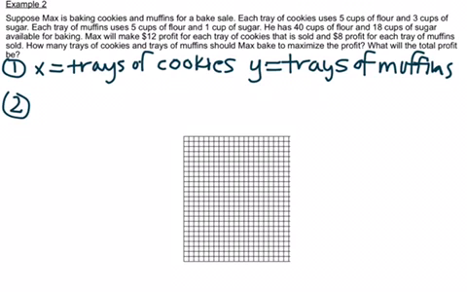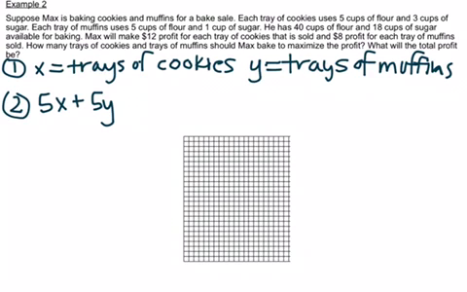So what is going to limit how many trays of cookies and trays of muffins Max can make? Well, he only has so much flour and so much sugar. Each tray of cookies uses 5 cups of flour, so I'm going to take 5 times the number of trays of cookies plus what he has to use for the muffins, which is another 5 cups of flour for each tray of muffins.